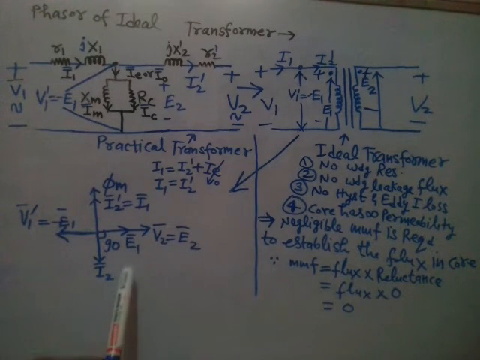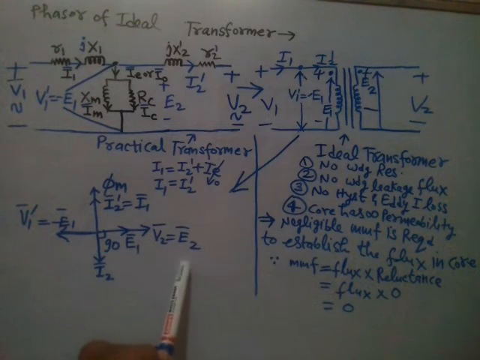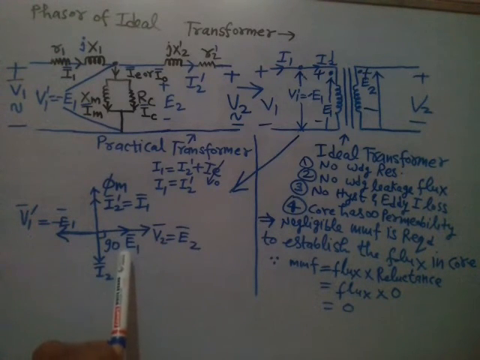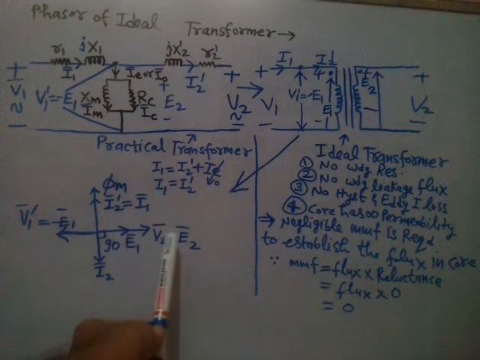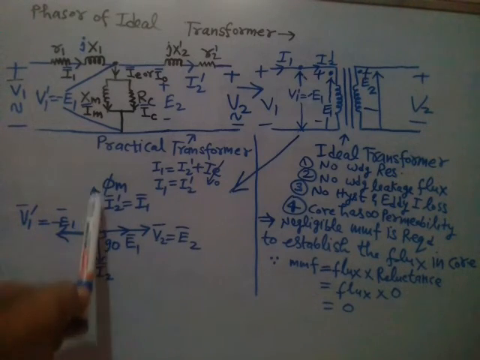In step number 4, draw E1. Since we are assuming N1 is less than N2, E1 is less than E2, so the magnitude of E1 is less than the magnitude of E2. That was step number 4. Now step number 5, draw phi m.